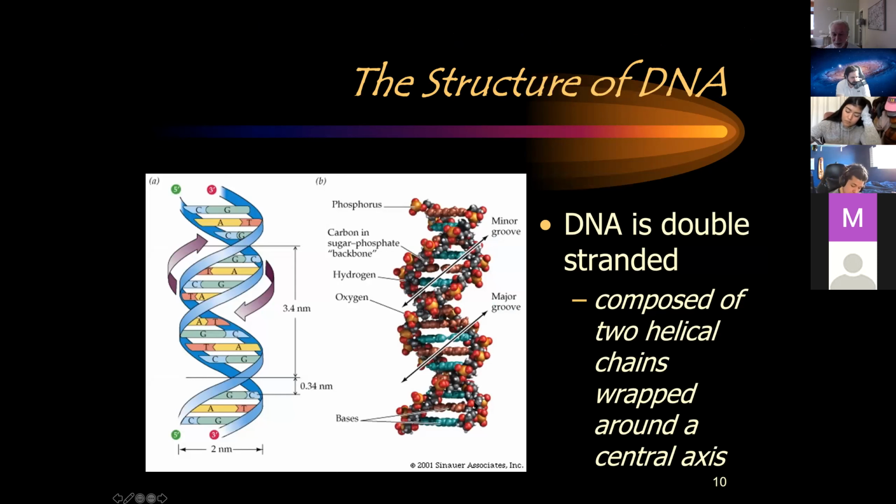You've seen this before. DNA is a double helix. The force that holds the 2 strands together is what? What are these bars representing A and T? Hydrogen bonds, right.